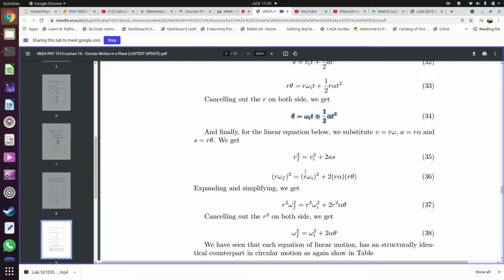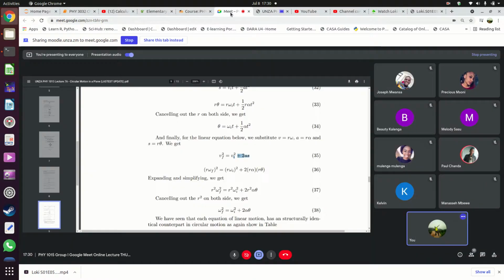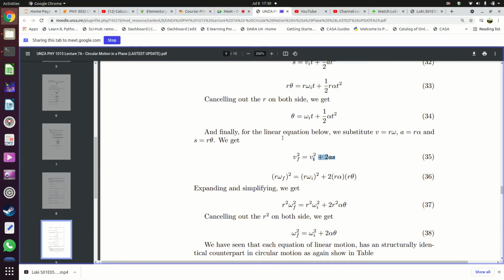Next, last but not the least, there is this equation. The final velocity squared is equal to the initial velocity squared plus 2as. Okay, so in this case, we know the velocity v is r omega.